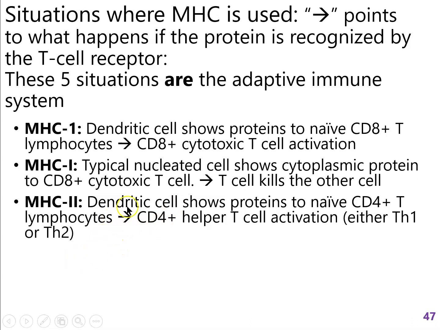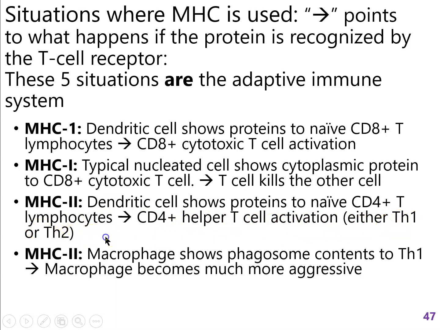But if it recognizes the protein shown to it on that MHC molecule, it knows its purpose in life, and it will become activated. It will make descendants that are CD4 positive helper T cells. And these helper T cells could be type 1 or type 2. So let's look at what those cells do.